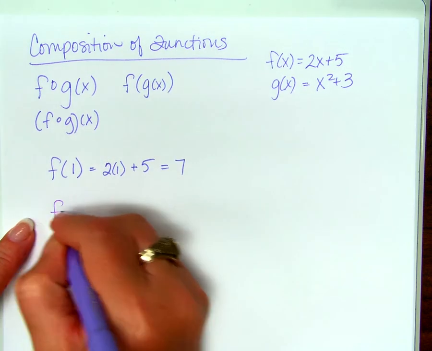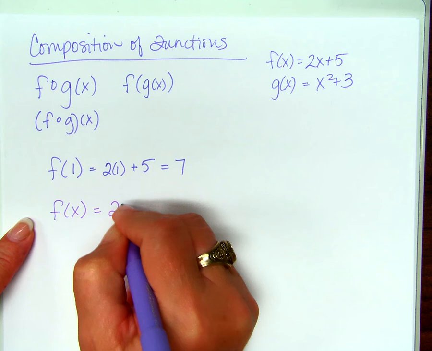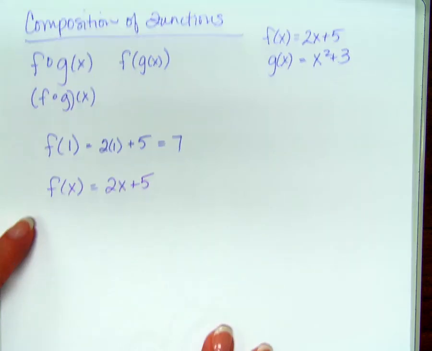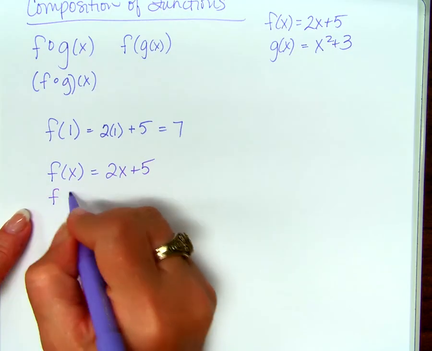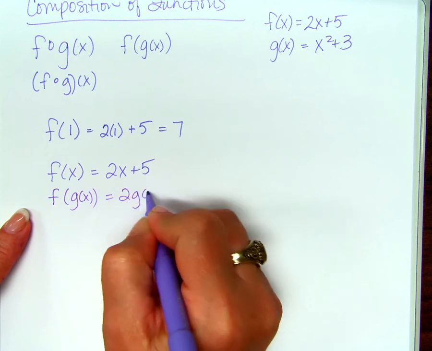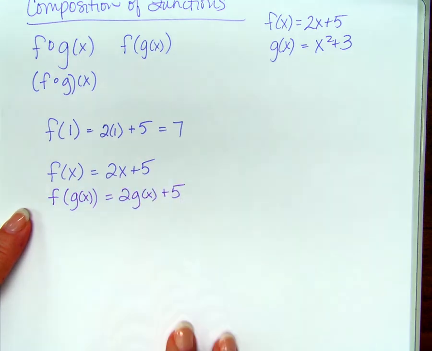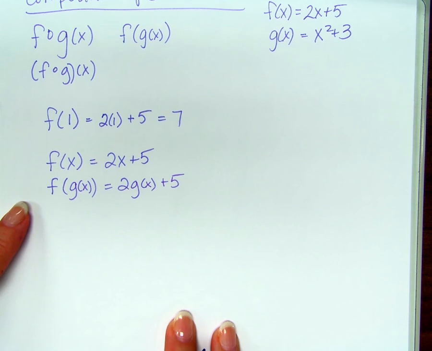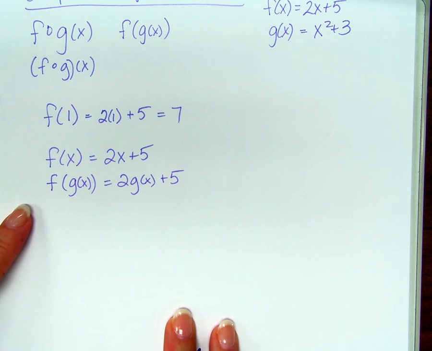Okay, so f of x is 2x plus 5. f of g of x would be 2 times g of x plus 5. Is that correct? Except I know g of x, don't I?